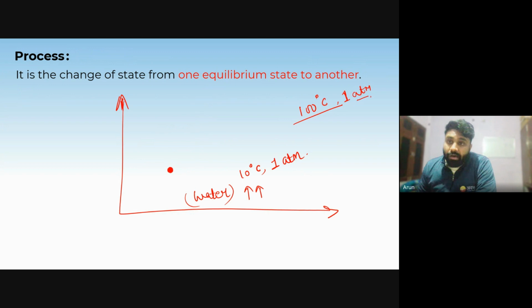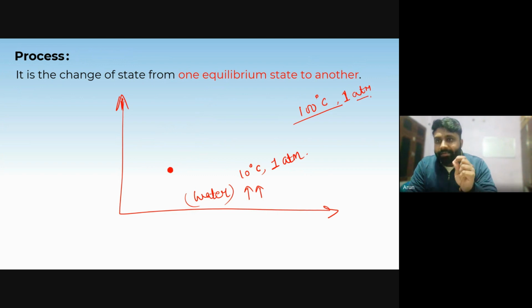Now, when the water is changing, I'm not saying that it has been changed. When the water is changing into steam, can you measure the temperature? Can you say that this is the particular state? Because for a state, we need fixed data. If you measure the temperature there, at the next moment of time, the temperature will change, pressure will change. Or if you are heating this water, maybe you can keep the pressure constant, but you're providing heat to it, so the temperature will change.